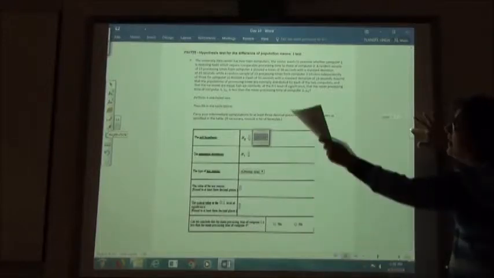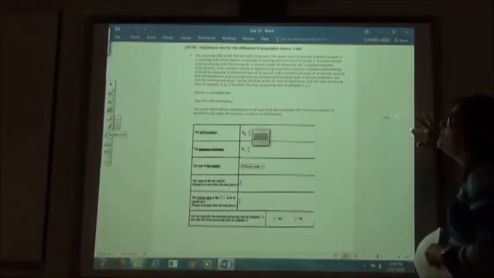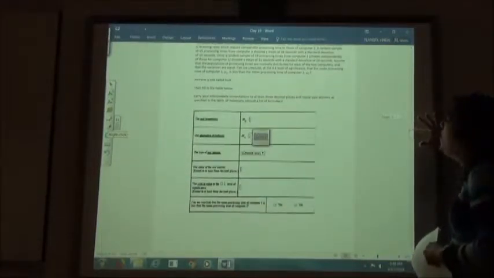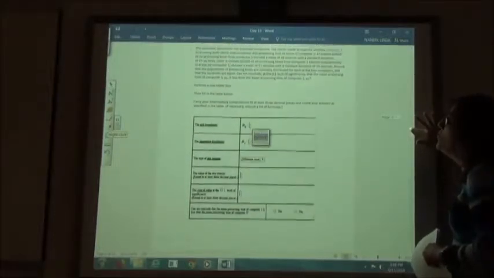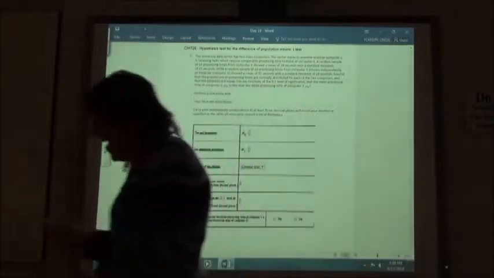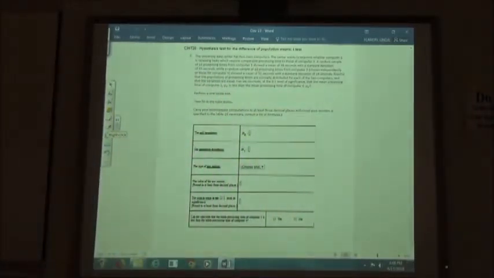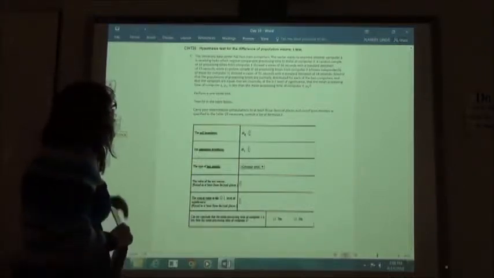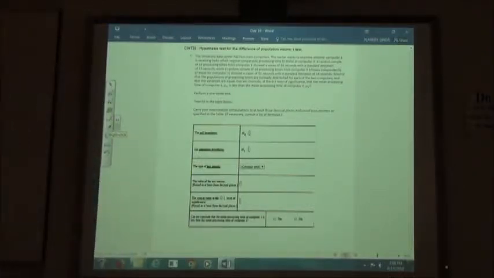Number 7, again, we're doing a hypothesis test for the difference of population means. We're going to do the t-test on this one again. It says the University Data Center has 2 main computers. The center wants to examine whether computer 1 is receiving tasks which require comparable processing times to those of computer 2.